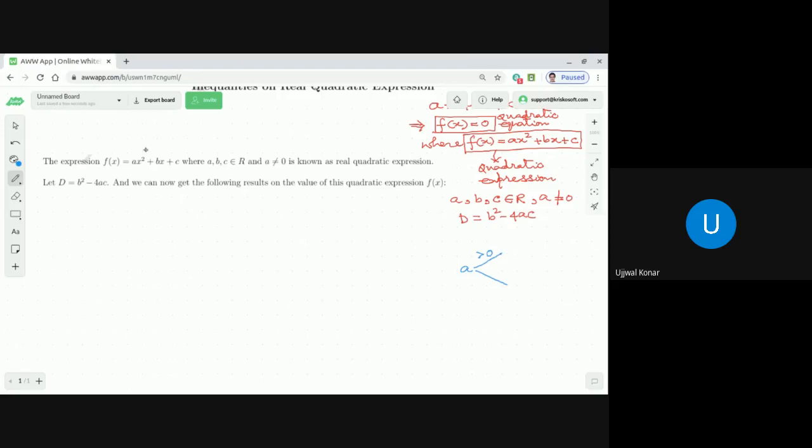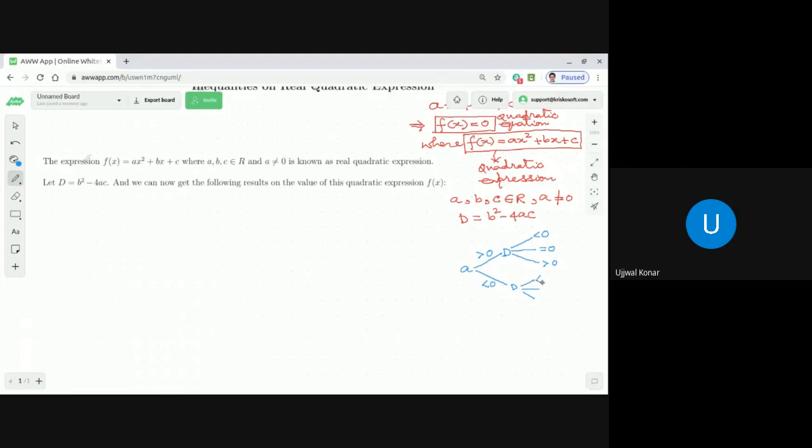From here we get three sets of values of D: first, D less than 0, then D equal to 0, and D greater than 0. And when a is less than 0, then also for D you will get three things.